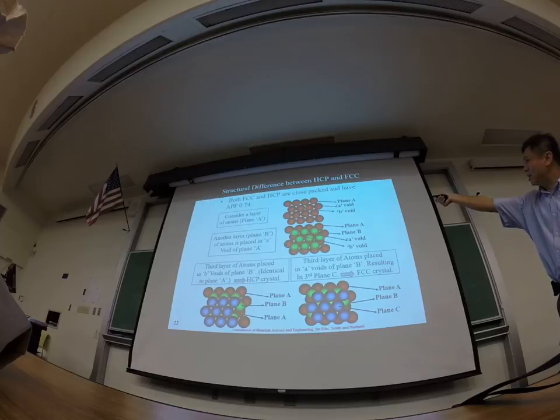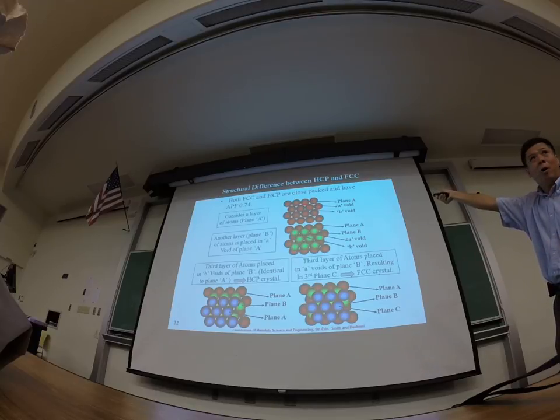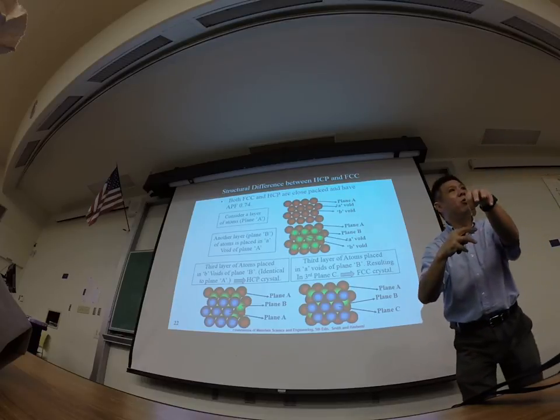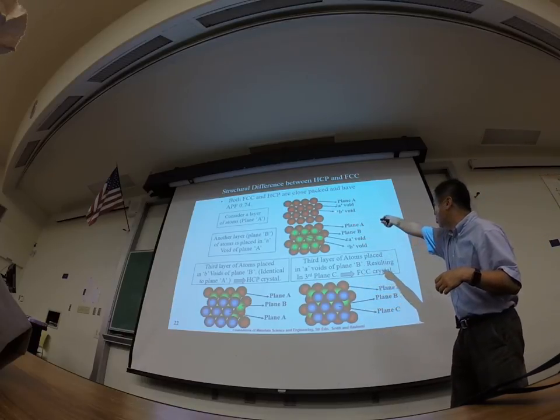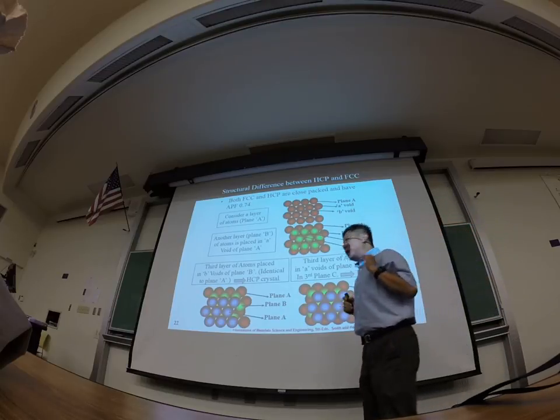So if we think about these layers of voids as A voids, then the nearby one, or below the top layer, we call that a B void. And then this one has A voids again, and then these are the B voids, okay? So think about that.